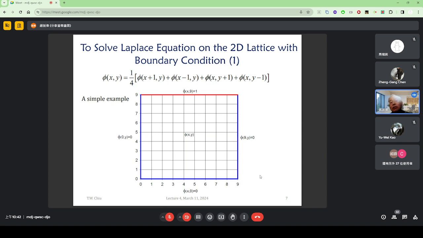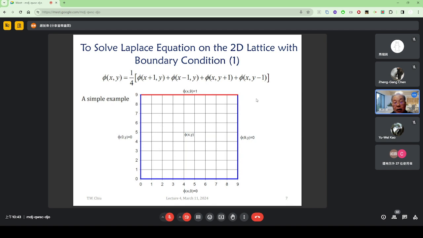So this is a 10 by 10 lattice. That means phi is 0 on the boundary, except the field on the top here is 1. So this is a very simple boundary condition.